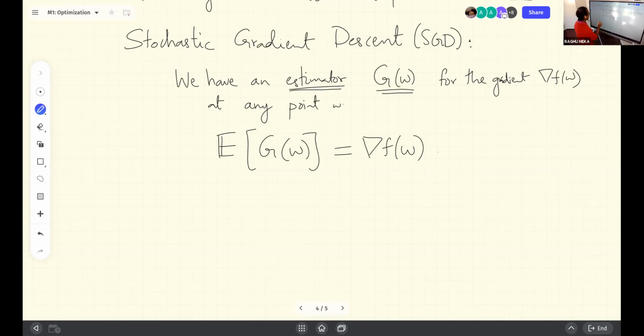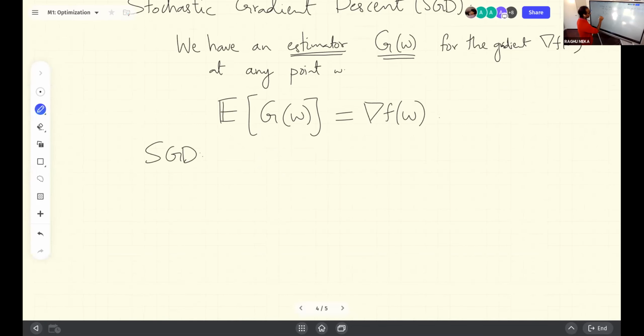Okay, so what is SGD then? It's the exact same thing as gradient descent.